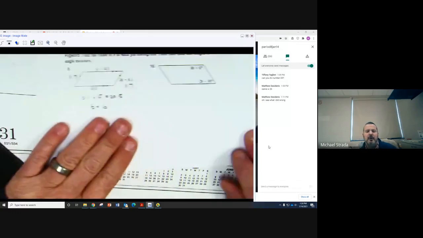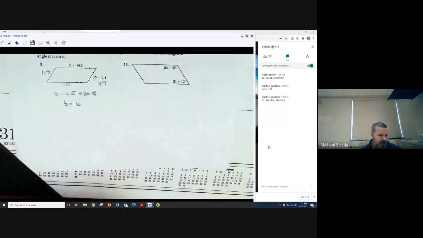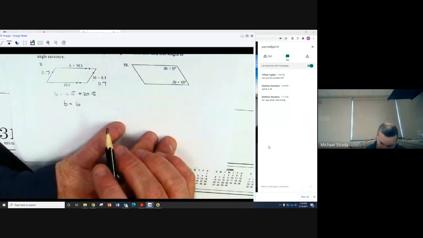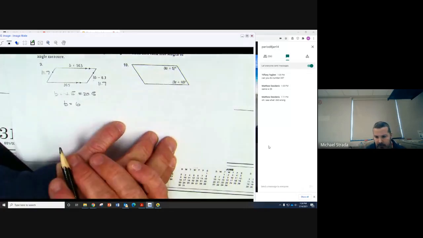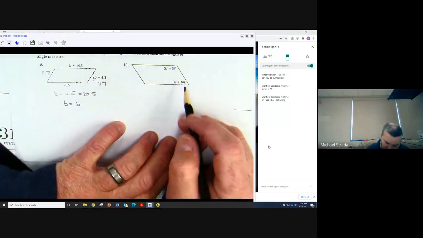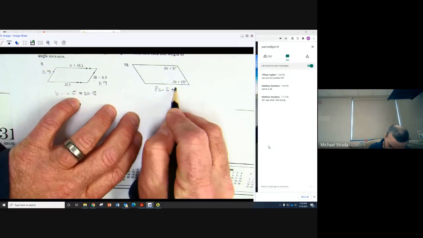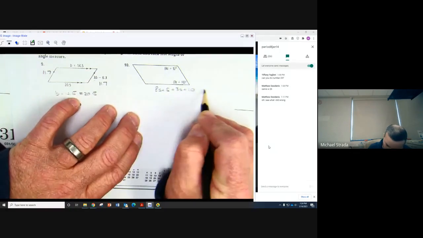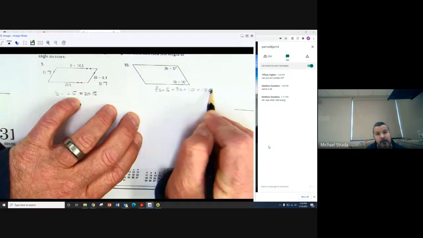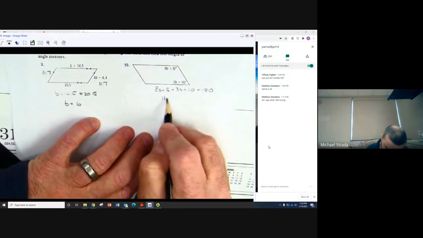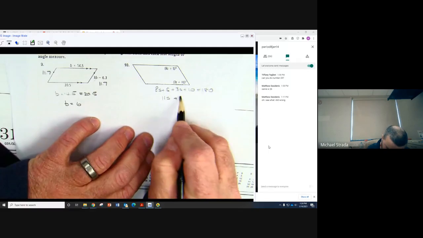The key thing you don't want to switch is angles. You want to make sure you identify the correct relationship. So I'm looking at those two angles, and I know they're supplementary. So 8s plus 5 plus 3s plus 10 equals 180. 8s plus 3s is 11s. 5 plus 10 is 15.